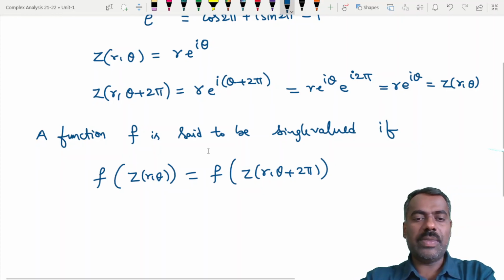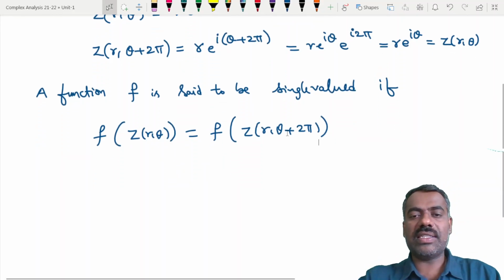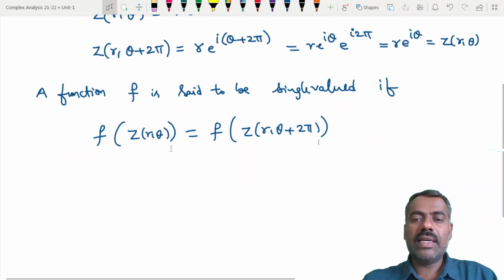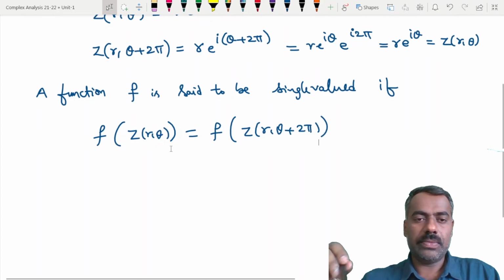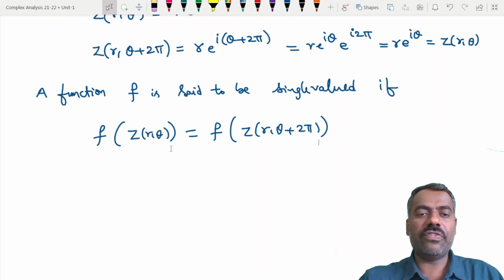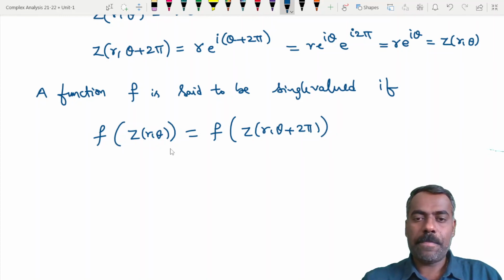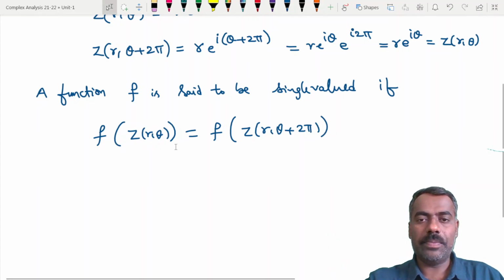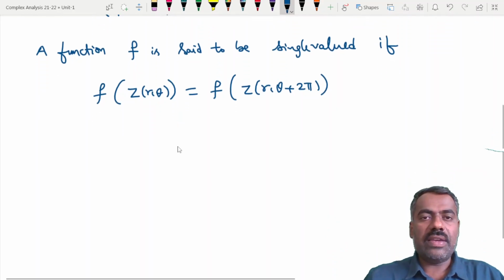That means r we are not changing, only the angle. So we say it is a single valued function if, after going 360 degrees, the value calculated is the same.